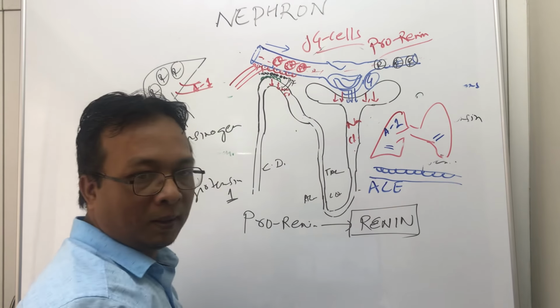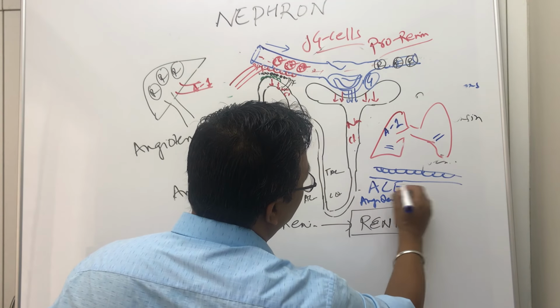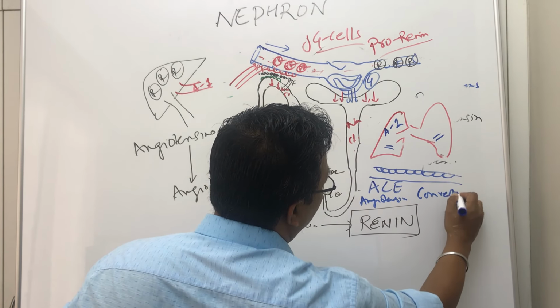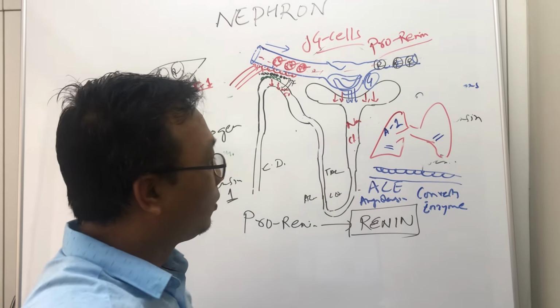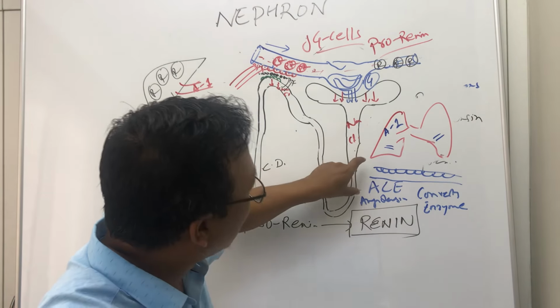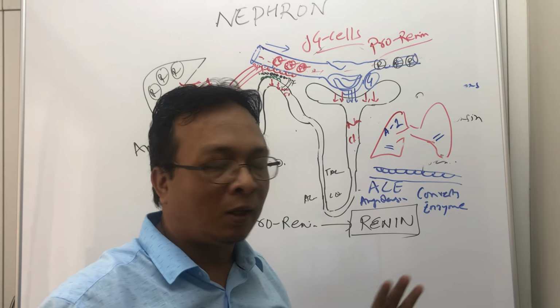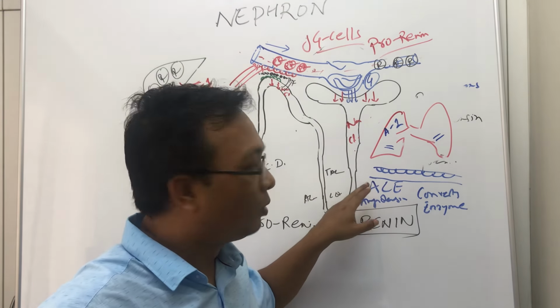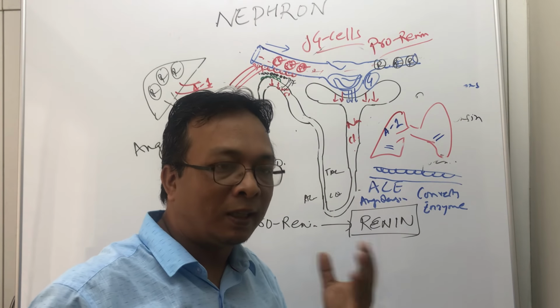ACE means A for angiotensin, C for converting, E for enzyme. And this is very, very important. I'll tell you why. In our lungs we have lots and lots of these enzymes. Which enzyme? ACE enzyme.